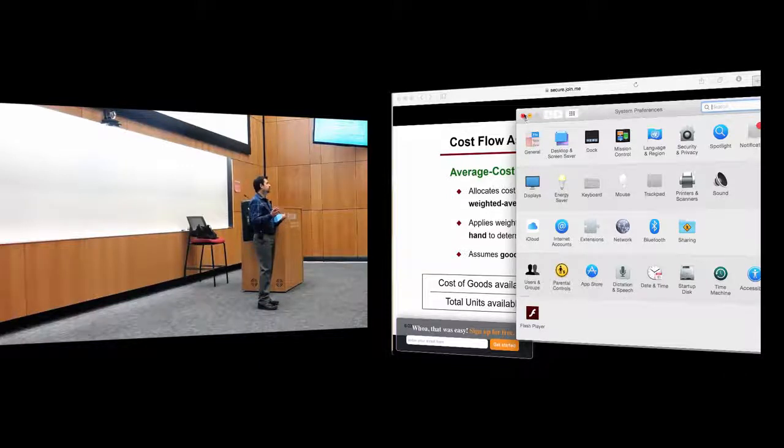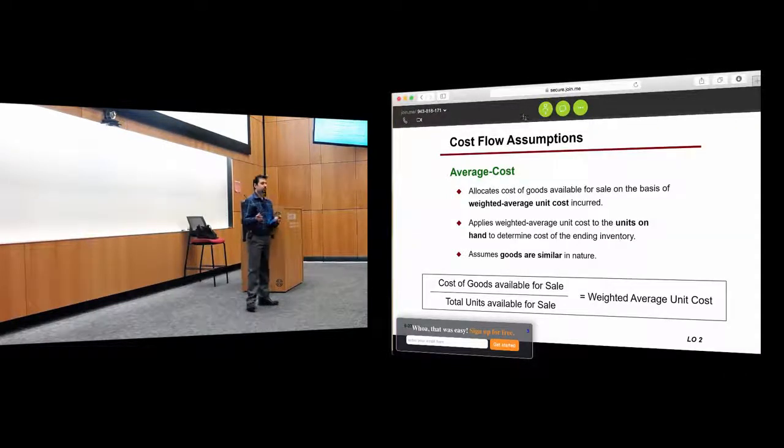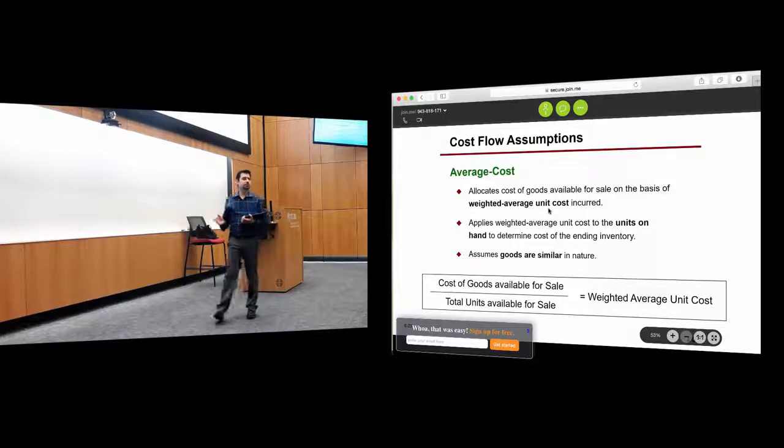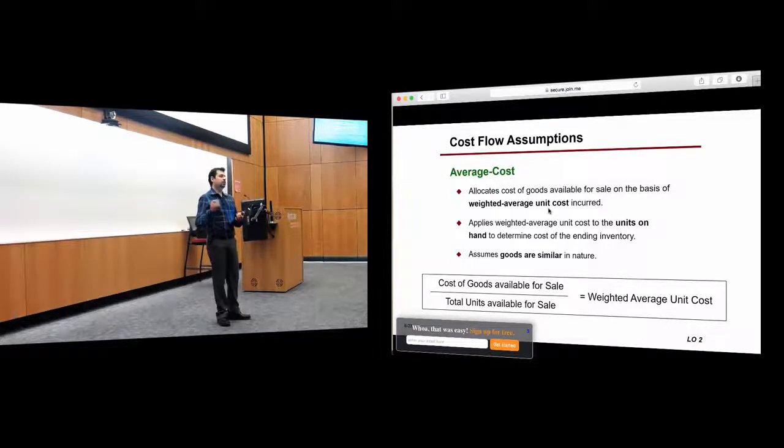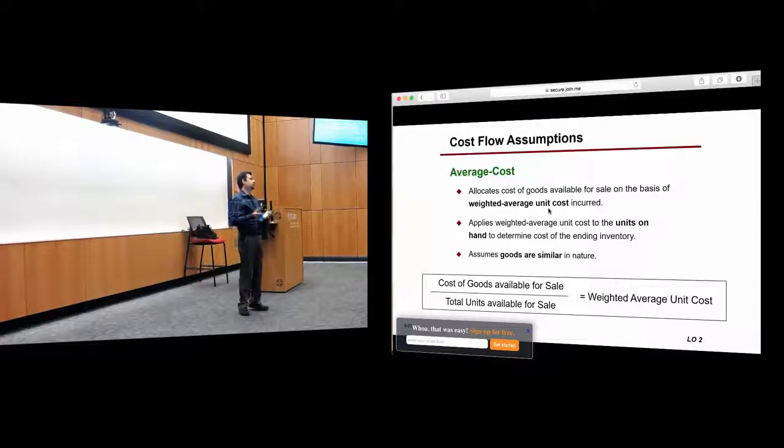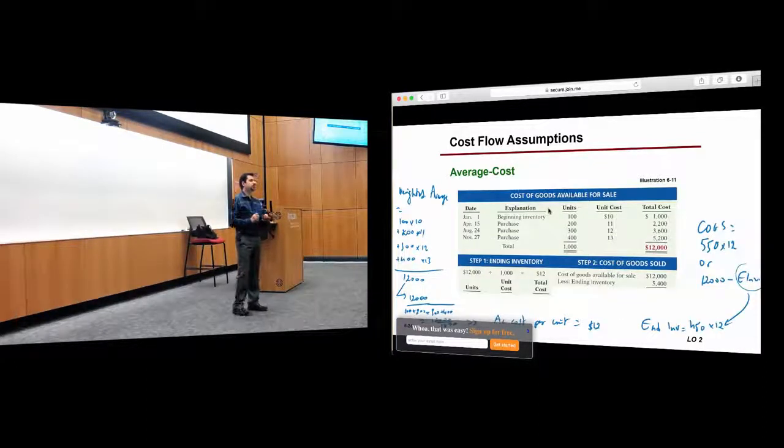What you're saying here is that over the past year, we had 1,000 units, and the total cost of these 1,000 units was $12,000. On average, it is $12 per unit. That's how we calculate it.